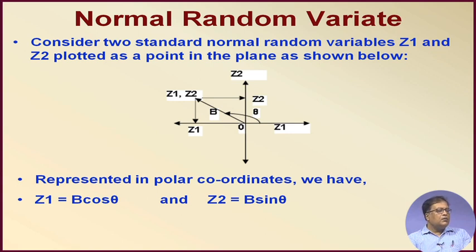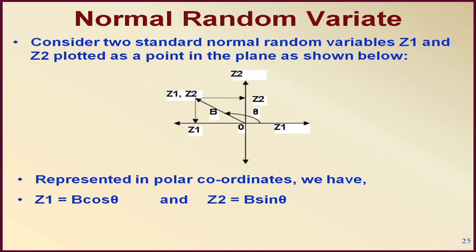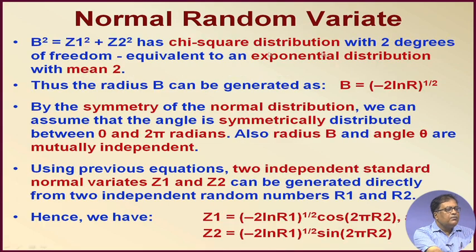axes. In terms of polar coordinates they can be represented in terms of capital B and theta, and we can show z1 equal to B cos theta and z2 equal to B sin theta. Once we have that, B can be generated as minus 2 ln r to the power half, right.